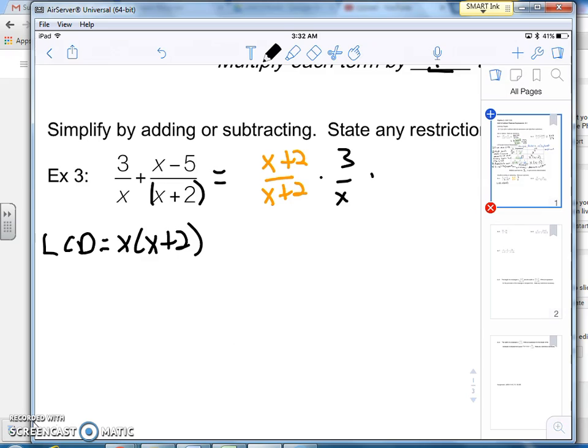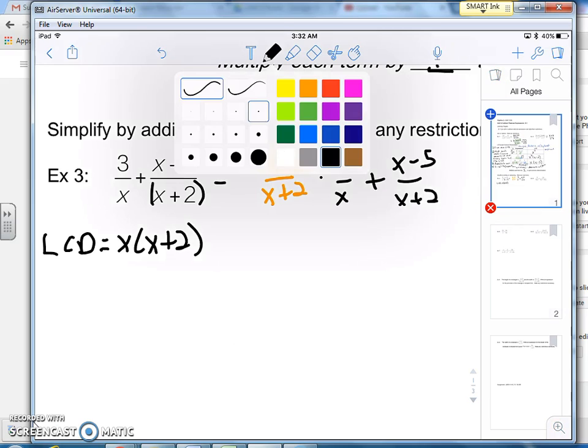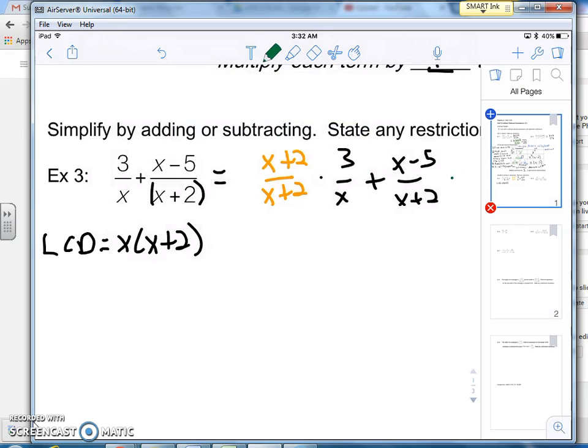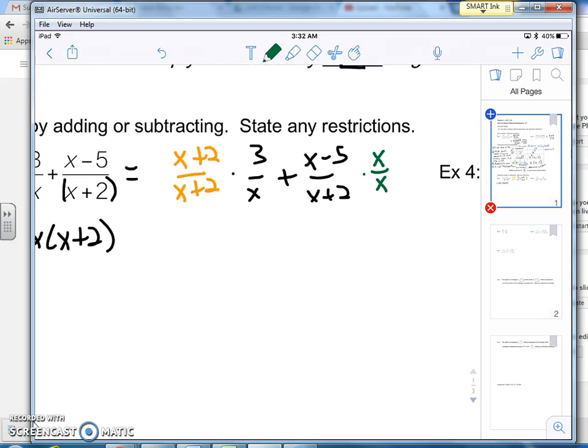And the second term is missing the x, so I'm going to multiply top and bottom in the second term by x. So this thing that I'm writing in green is equal to 1. So this is 1, and this is equal to 1. So I haven't changed either term there in terms of its value.